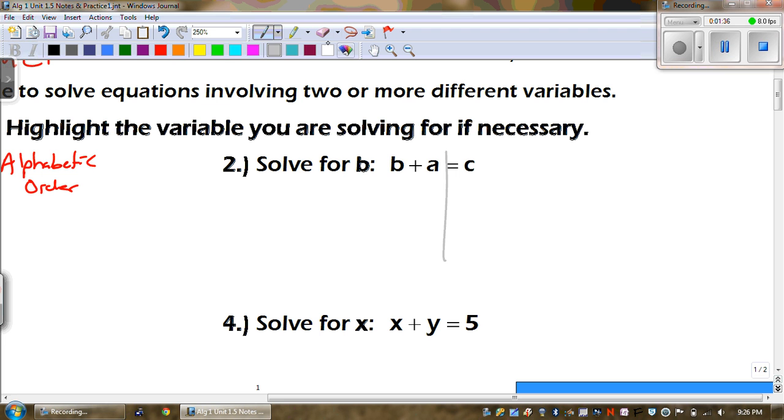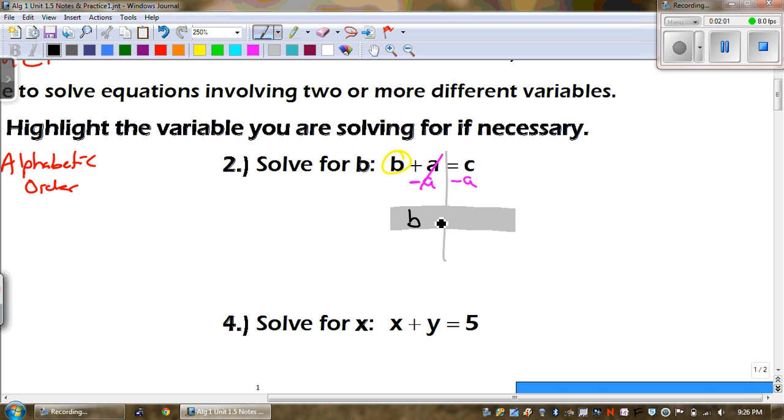Okay? We want to solve for b. So on the same side of b is a. What type of a is it? It's a positive a. And so what we need to do is subtract a from both sides. The a's cancel, and the b is going to be all by itself again.